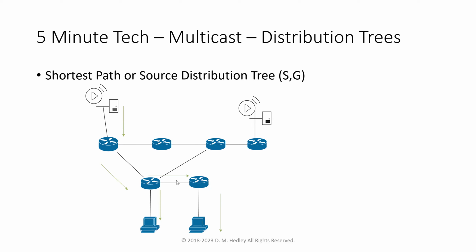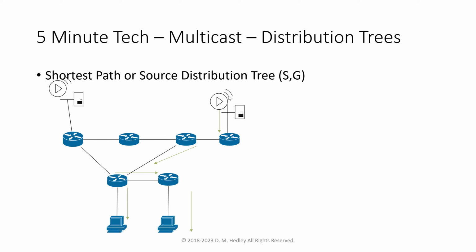I have outgoing interfaces: this one to the right and the one below are my outgoing interfaces for whatever source and group this is. You're going to hear that phraseology, S, G, a lot. S is a unicast IP address, and G is a multicast group address.